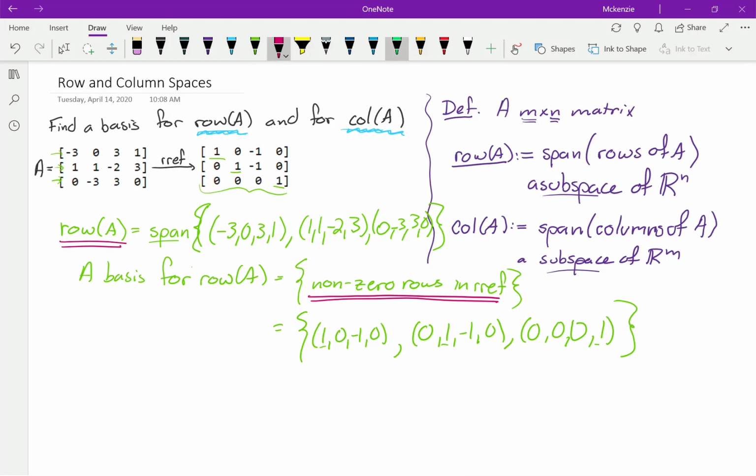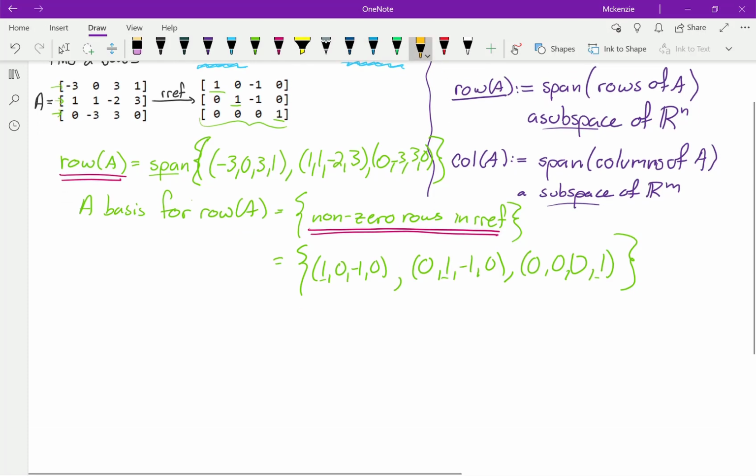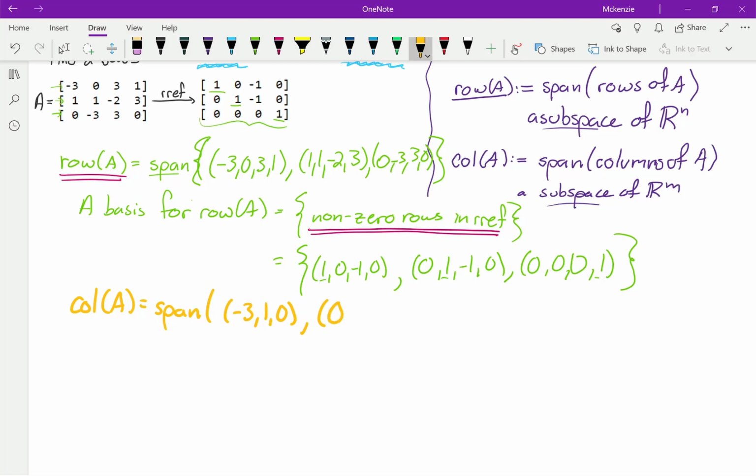Let's, on the other hand, take a look at the column space. Let's go with this yellow and we'll try it out. The column space of A is, again, the span of the columns. So -3, 1, 0 is our first column. Our second column, 0, 1, -3.